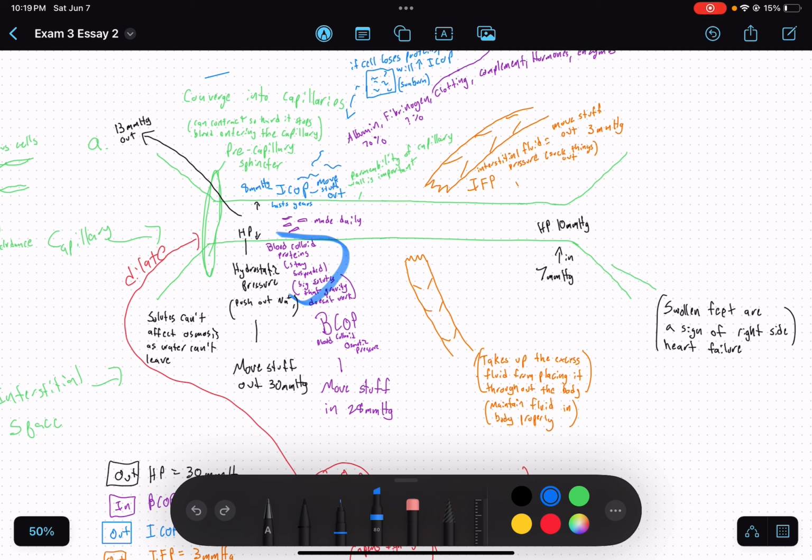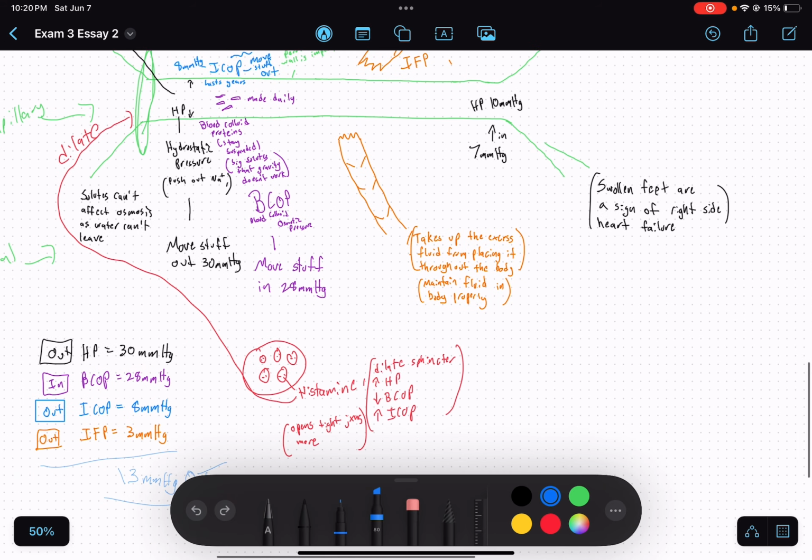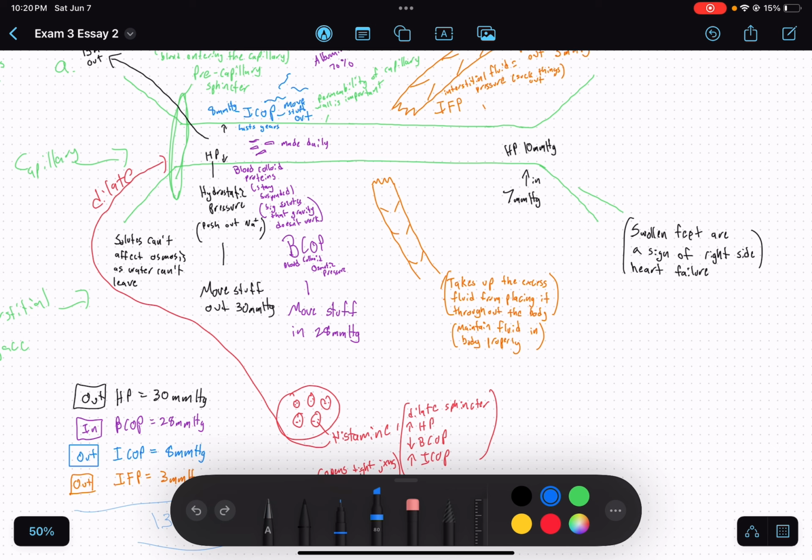Or along with blood COP, if you increase that, it'll also do that, which this one is very common, causing an edema through inflammation, through burns. It will react in accordance to that.